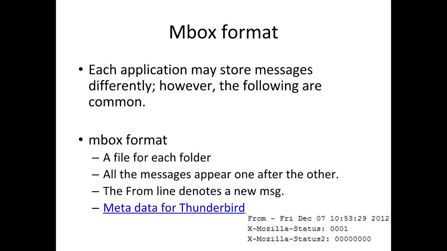So I believe that you have had exposure to the Thunderbird mail client either through the laboratory here or previously. So you'd have seen how Thunderbird stores email messages that are received as a mail client.